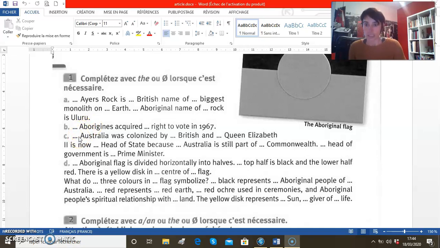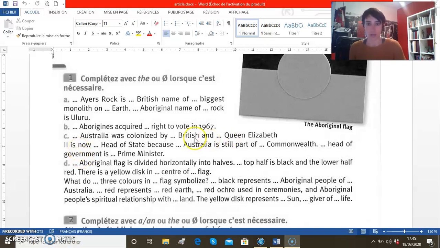C. Australia was colonized by the British and Queen Elizabeth II. Here, so we've got the name of the Queen. If we had used just Queen, we would have said, and the Queen is now the head.